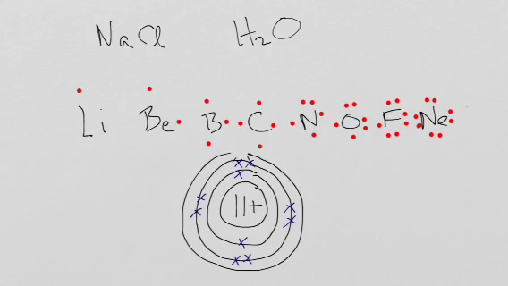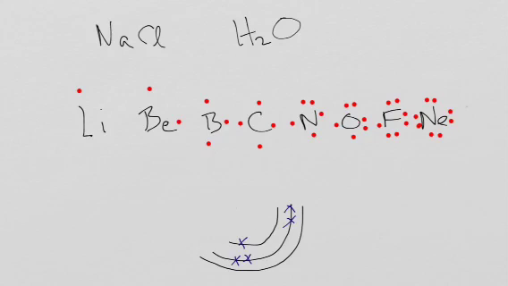Okay, so we are going to talk about all of this in different sections in this chapter. But if we look at all of these, we can easily see whether an element is more apt to take or give away electrons.